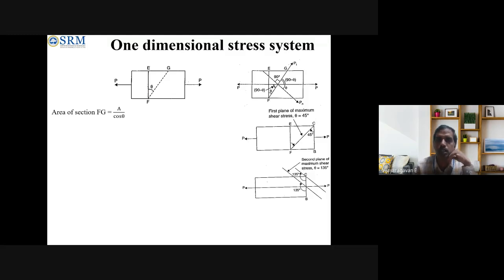The cross-sectional area along FG is given by the vertical cross-sectional area divided by cos theta. Is it right? Any doubts here? Can you follow it?